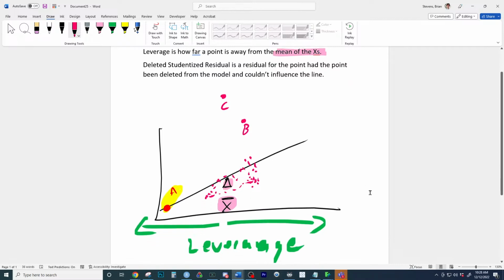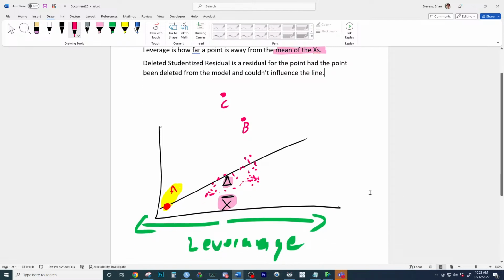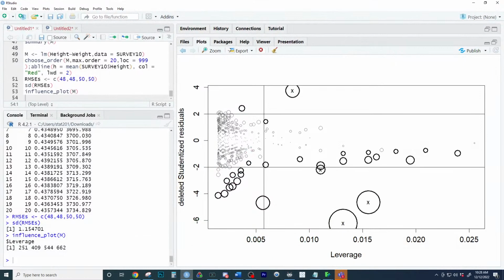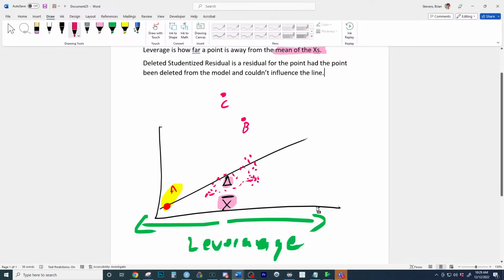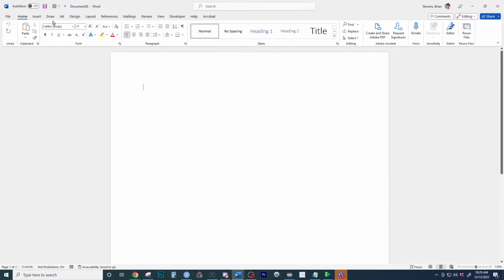They have large residuals and a deleted studentized residual. The studentized portion means it's on a student t distribution. So you see the classic -2 and 2, where 95% of the points would be contained on the normal curve, or 95.449 technically.